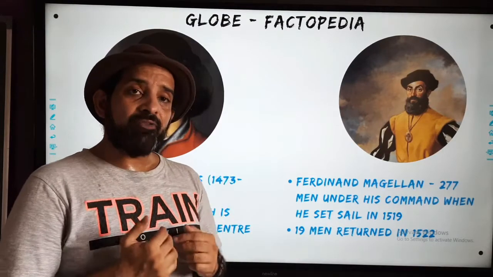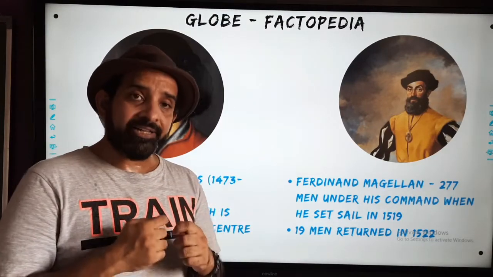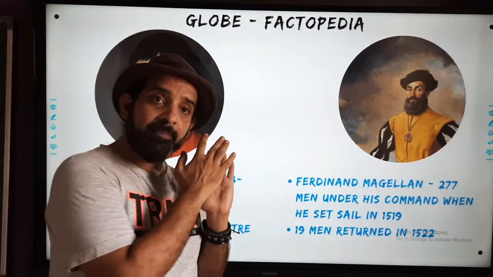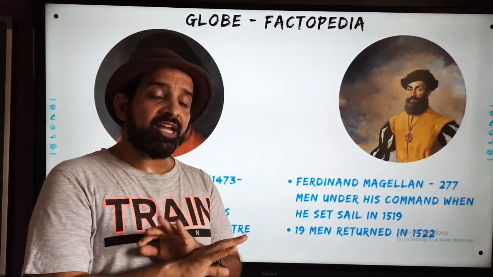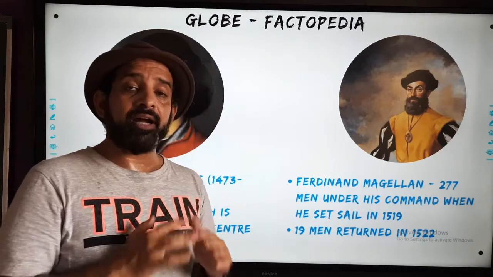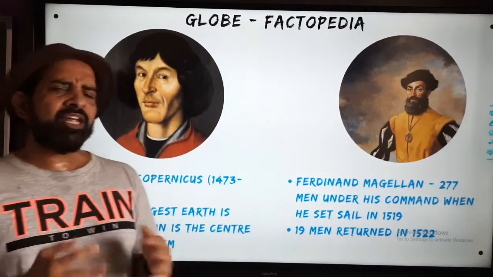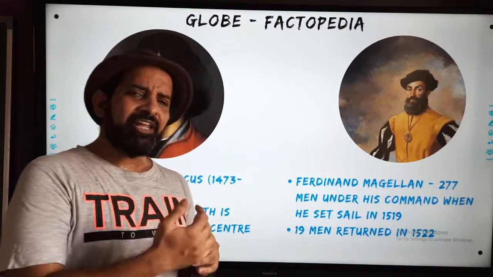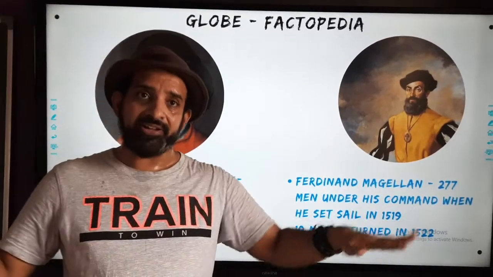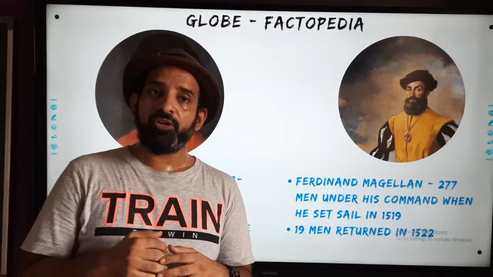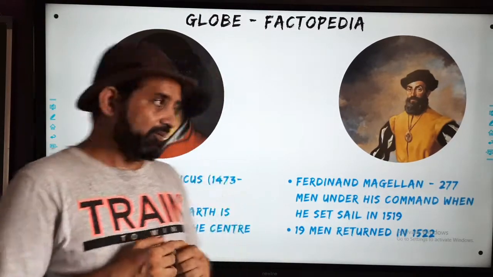But he came back to the same location in Italy from where he started, having completed his entire exploration. That very clearly tells us that the earth is round in nature, because at that point of time there were many theories from scientists and religious leaders that the earth is flat. So these two gentlemen play a very important role in our studies today.